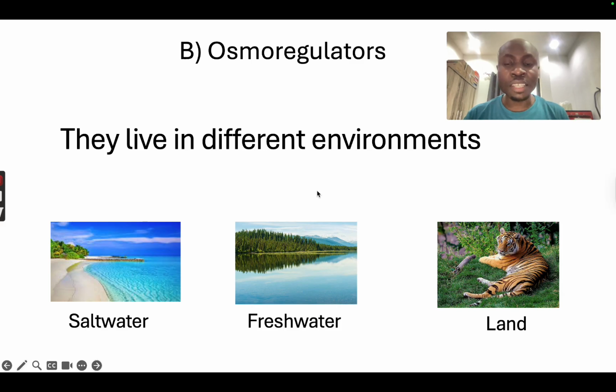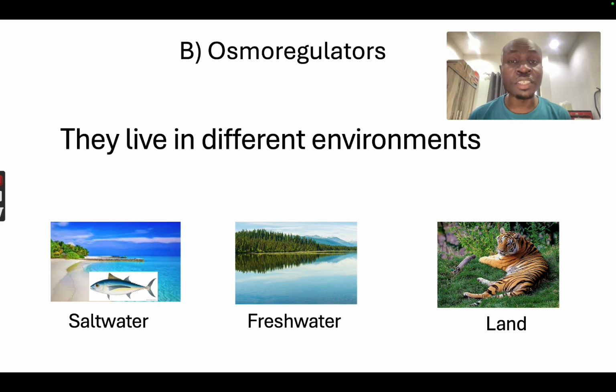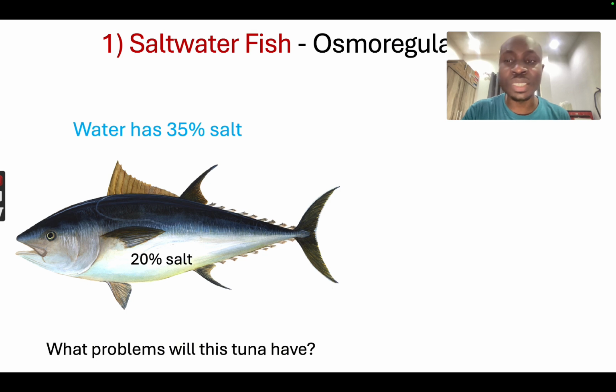So we're going to look at two examples: fishes that live in salt water and fishes that live in fresh water. How do these osmoregulators control the amount of water and salt in their bodies? Let's start with the saltwater fish. Tuna is an example.